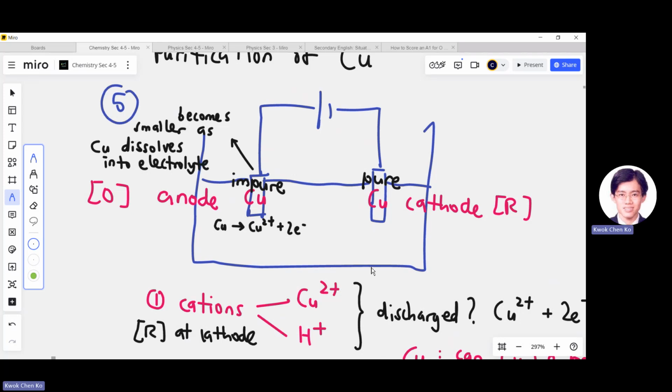On the other hand, for the cathode, what is the reaction then? This is the exact reverse. These two reactions are reverse of each other. Hopefully you notice that. So essentially, this cathode will become bigger and bigger.